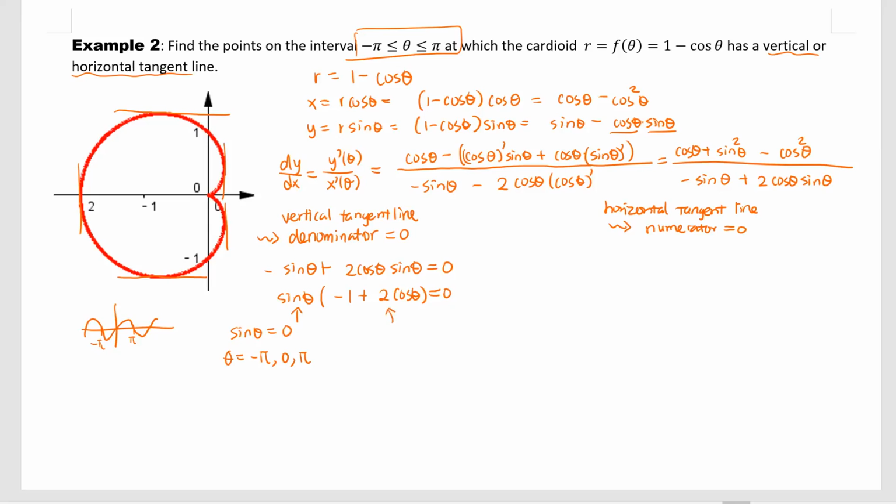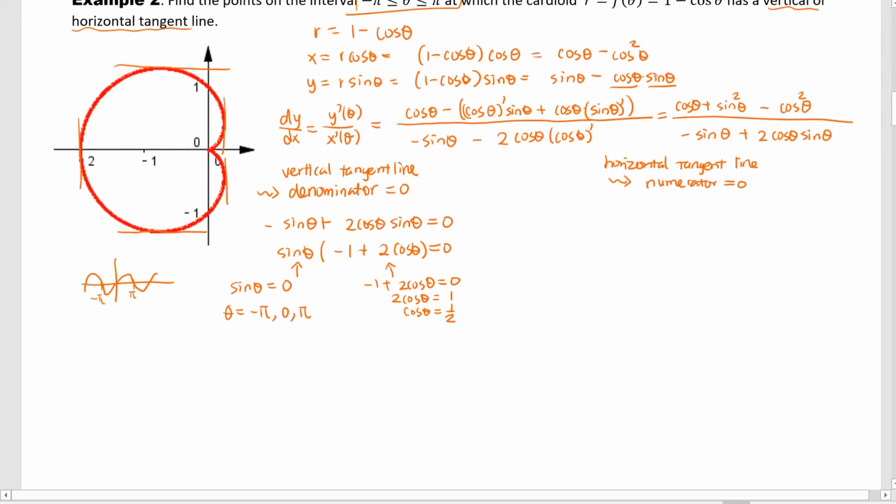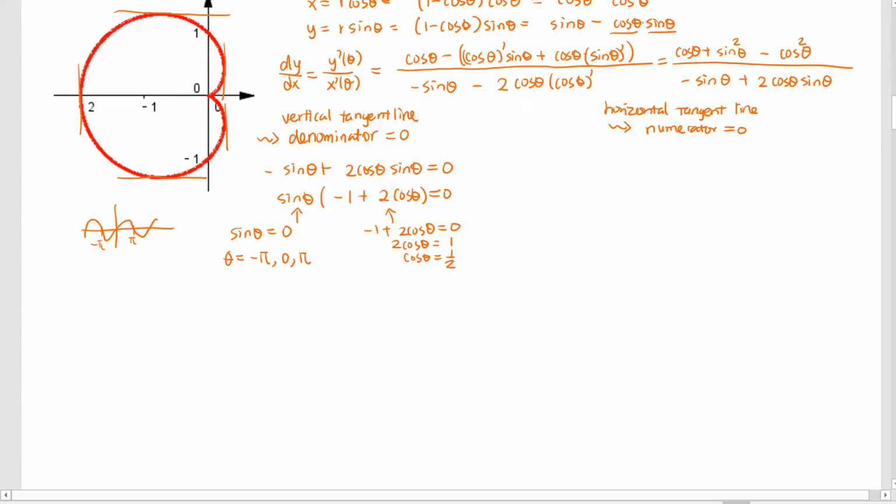How about this guy? We have negative 1 plus 2 cosine theta equals 0. So 2 cosine theta equals 1. Cosine theta equals 1/2. Okay, so what is cosine theta? What's the picture of cosine? So this is sine.